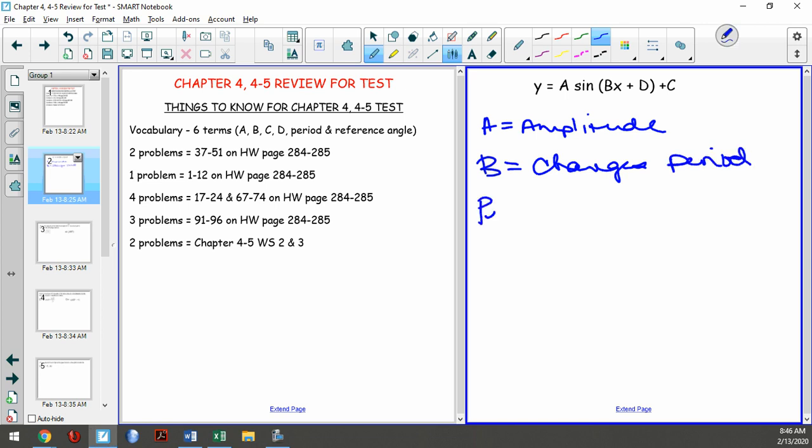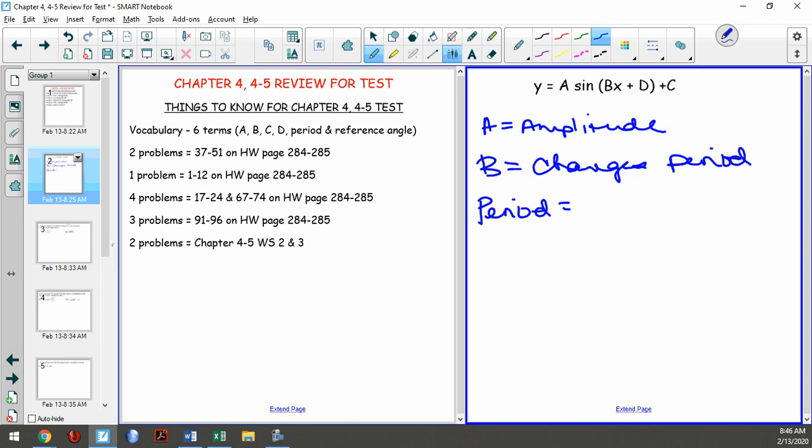And what is a period? What is the period of sine and cosine? Period is defined to be 2 pi divided by the absolute value of b, but what is it in Webster's dictionary? What does it say?